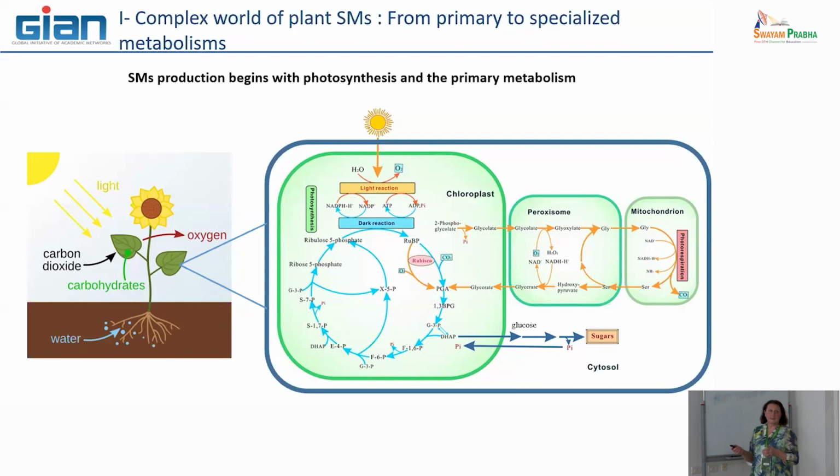Two other organelles are very important, the peroxisome and the mitochondrion, which are necessary for producing energy. The energy is needed for the whole functioning cycle, because each step here is catalyzed by specific enzymes that need, or not, depending on the enzyme, energy to function.